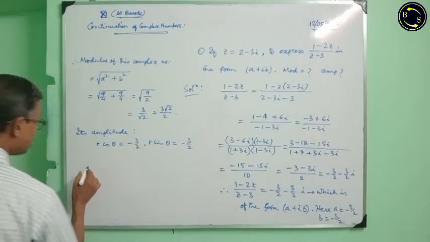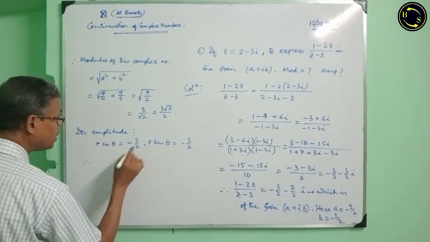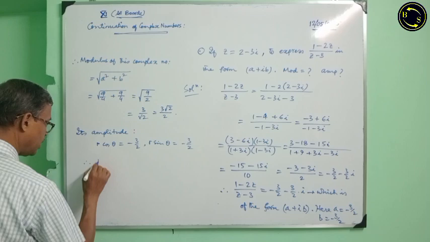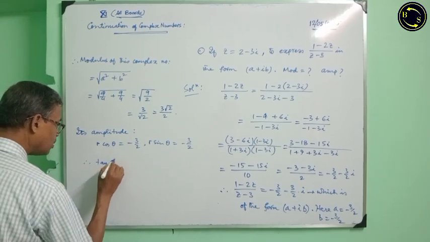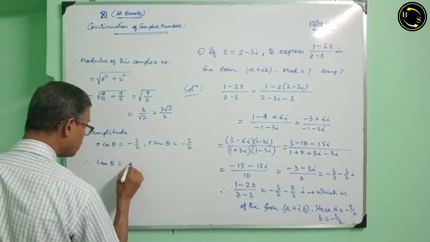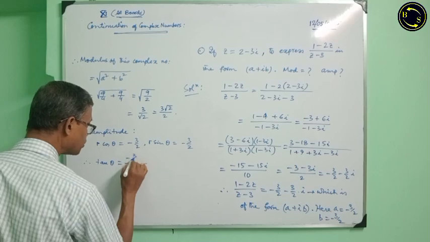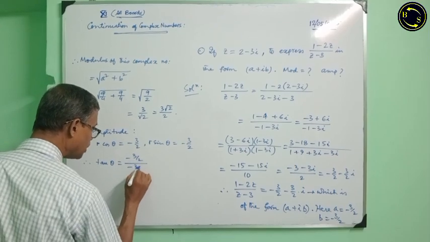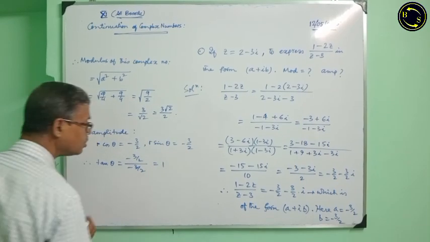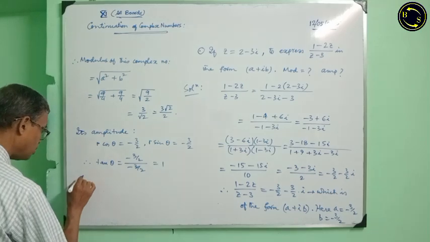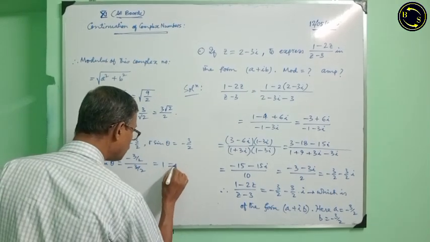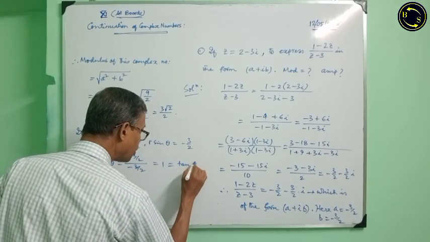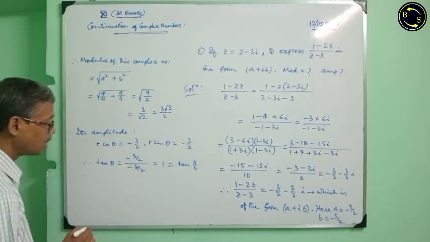Now we divide this one by this, then we get tan theta equal to minus 3 by 2 by minus 3 by 2, that is equal to 1. But that is equal to tan pi by 4. I write like this.